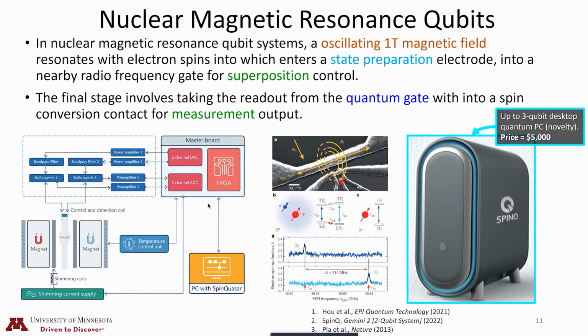So this FPGA here is connected to all these amplifiers, converters, and such, which will connect to a PC. So here's an icon, a drawing of a PC that has this so-called SpinQuasar, which is the name of the software that's being used to automate or control these nuclear magnetic resonance qubits in this desktop machine.